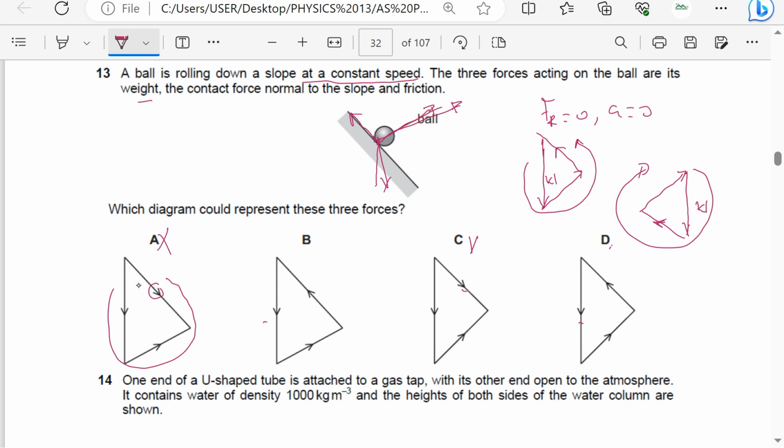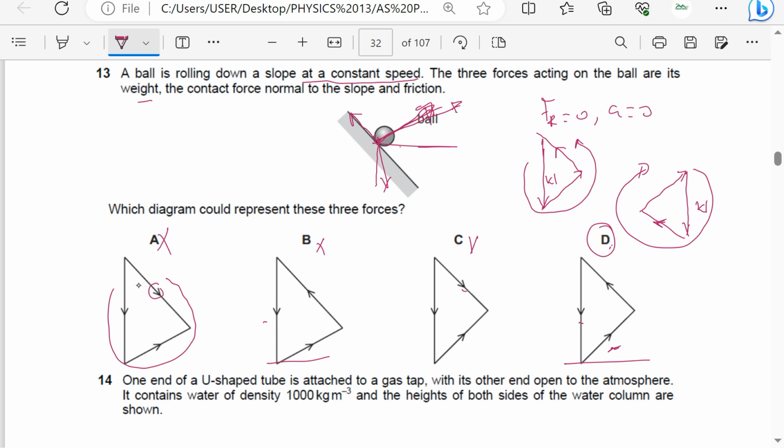If I compare these two, I think D is closest rather than B. Although they are both forming a closed triangle, D is closest. If you look at this force here, compared with this one here, you notice that they are almost parallel. This is closer to the horizontal than the other one.